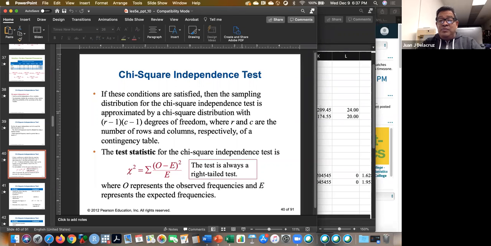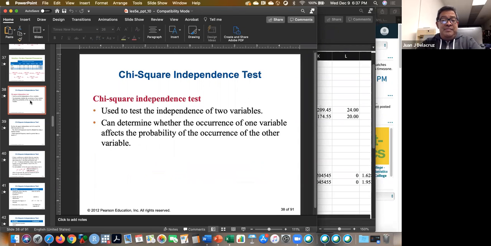So we have to make some considerations. Let me keep doing this. The chi-square independence test is used to test the independence of two variables. It can determine whether the occurrence of one variable affects the probability of occurrence of the other variable.